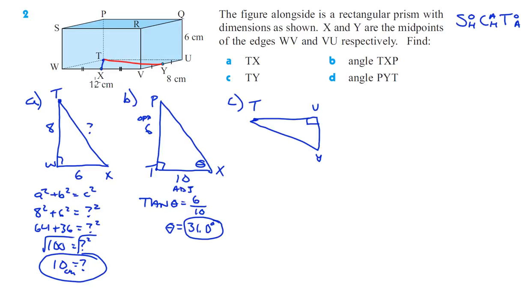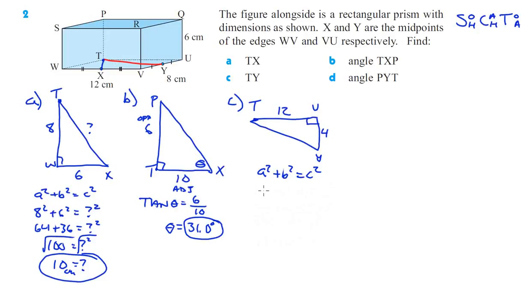So T to U has got to be 12, because that's what this is over here, so that's 12. U down to Y is going to be half of this whole side, which is 8, so that makes this 4. To figure out what T to Y is, it's just going to again be a squared plus b squared equals c squared. TY is what we're looking for, so it's the hypotenuse.